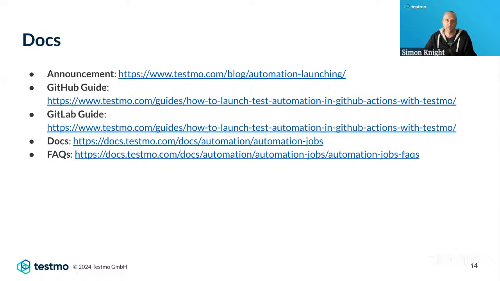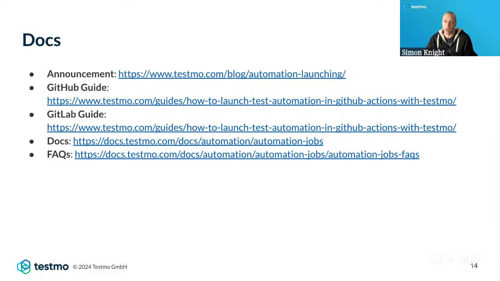As I mentioned before, we've added quite a bit of documentation for the release, including end-to-end guides on how to set everything up in GitHub and GitLab, as well as run your automation tests and get the results reported back into Testmo using the Testmo CLI tool.